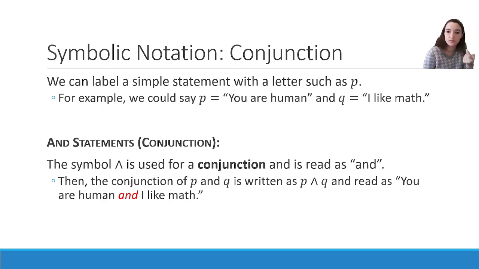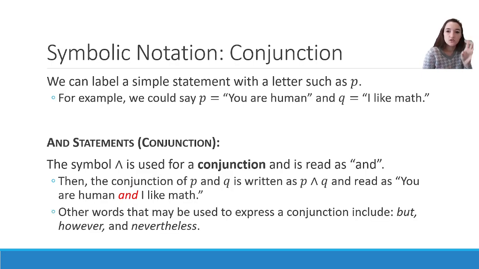So we just read all of P and all of Q. Now note that, once again, there are a lot of different words that could represent the word and, in the same way that when we're identifying a not statement, a negation, we might not have the word not in there. We might have some other word, or we might just have some negative word in there, like dislike instead of like, right?